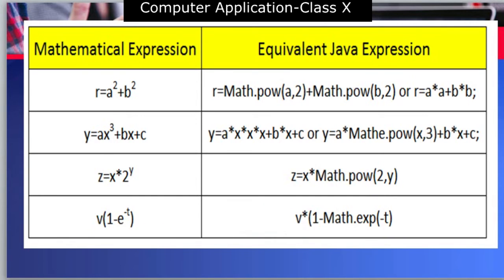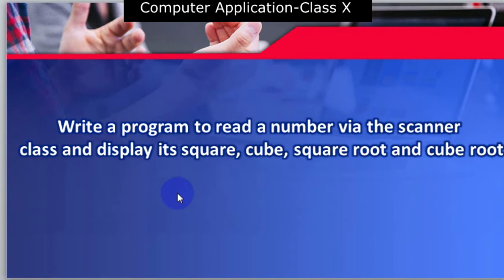Okay, let us move forward to the next slide, that is about the program. Let us understand one program, how to generate the output using these mathematical functions. For this you should understand the Java environment has a huge library of built-in classes that contain predefined methods to support a number of operations.